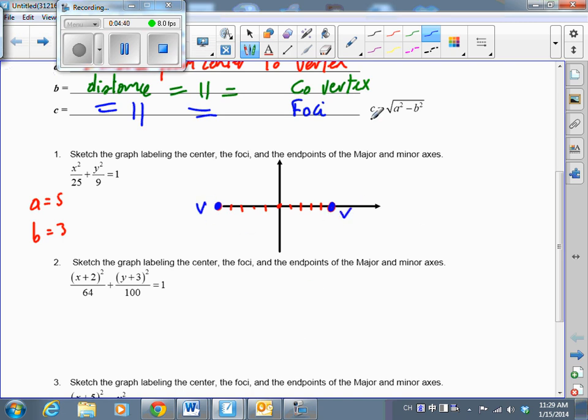For covertices, I will count only 3. 1, 2, 3. 1, 2, 3. And I will call it CVs.